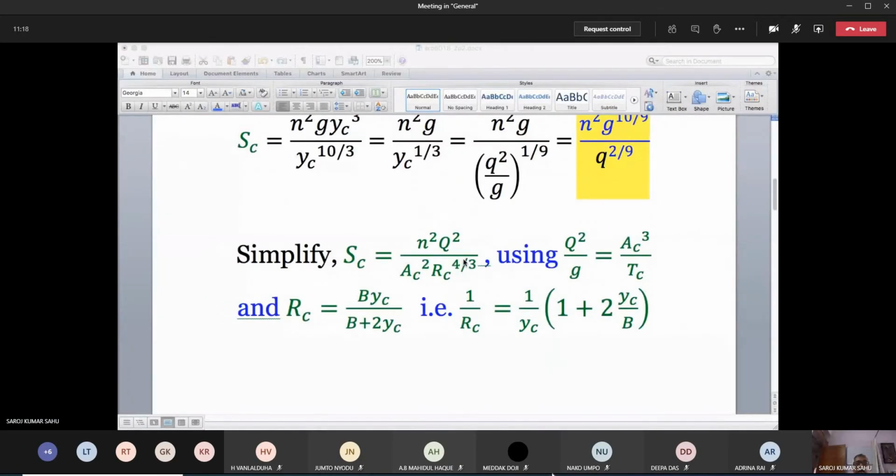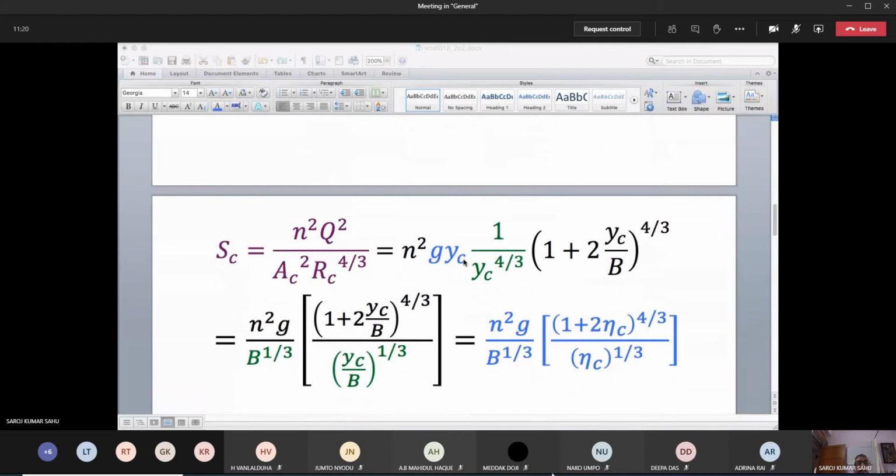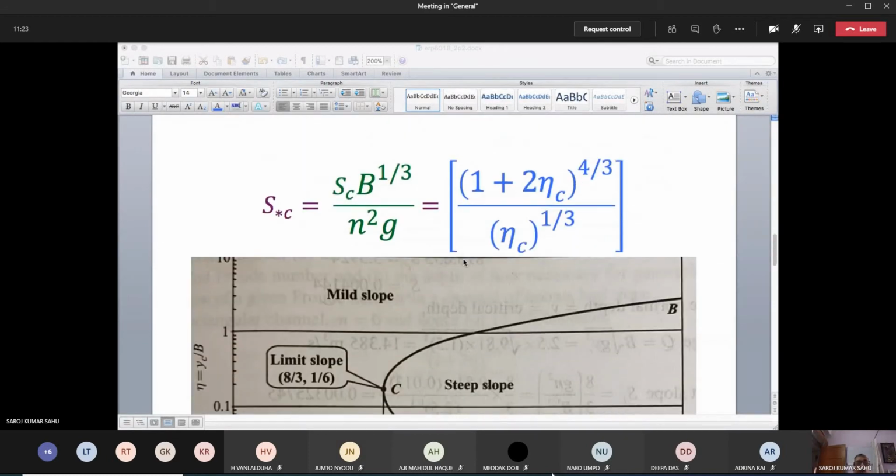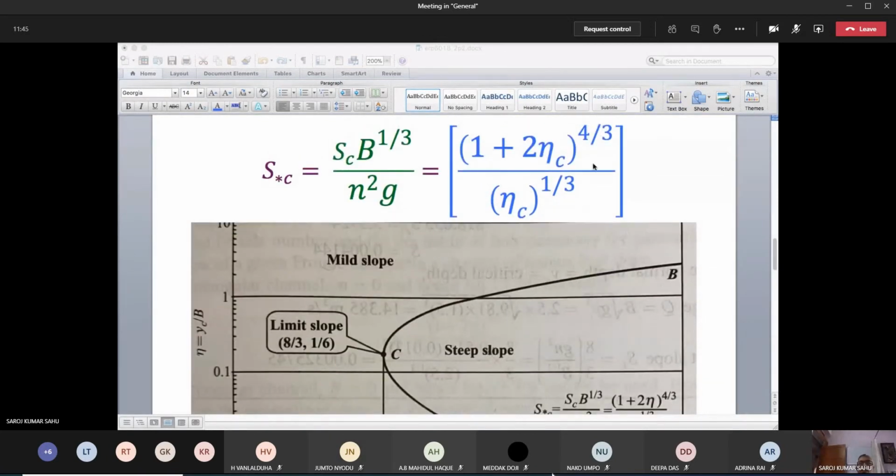We had derived the critical slope for the rectangular channel, S star C, as a non-dimensional critical slope: S_C b to the power 1/3 by g n square, which is equal to (1 plus 2 eta_c) to the power 4/3 by eta to the power 1/3.